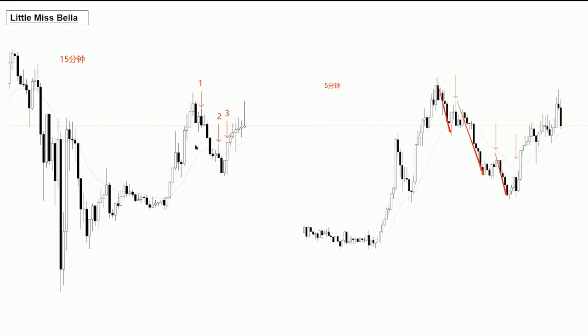If you look at the first high break, the second high break, the third high break on the 15-minute chart, it's a high 2 pattern. What is it on the 5-minute chart? On the 5-minute chart, it's a 3-step fall, and in a bull market all 3-step pushes are basically called wedges, and you don't have to be able to draw that wedge. As long as it's a 3-step push, it's a phenomenon. Do you get that?